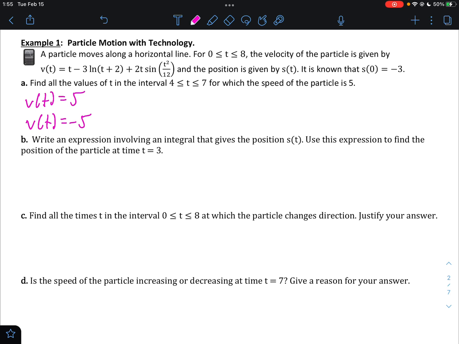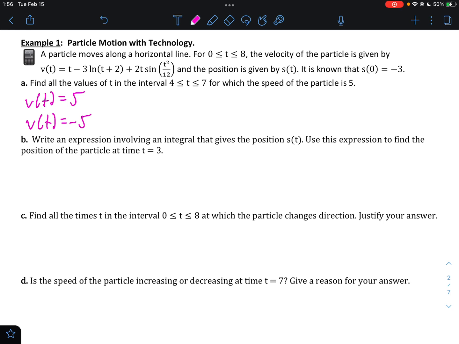So what we're going to do here is we're going to graph this between the window of 4 and 7. Now you can open that window up more if you want to. You can go 0 to 10 if you want to, or whatever. As long as 4 and 7 are inside your x bounds, you're in good shape. The y bounds, it doesn't really matter as long as you can see your graph. That's really all that matters.